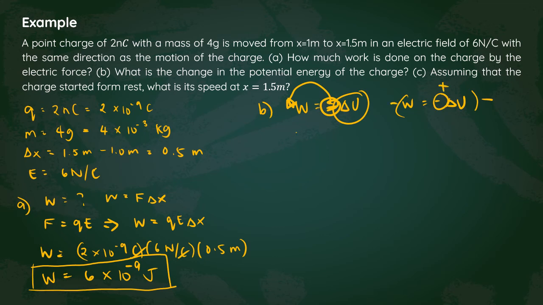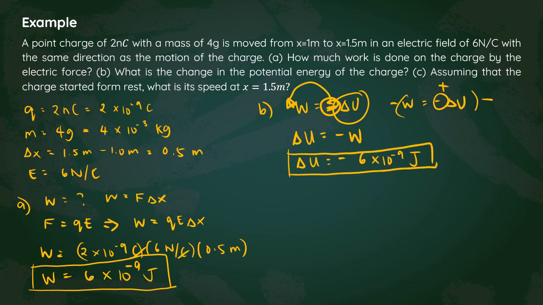So your change in electric potential energy is equal to negative work, and work is equal to 6 times 10 raised to negative 9 joules. So your change in potential energy is negative 6 times 10 raised to negative 9 joules.